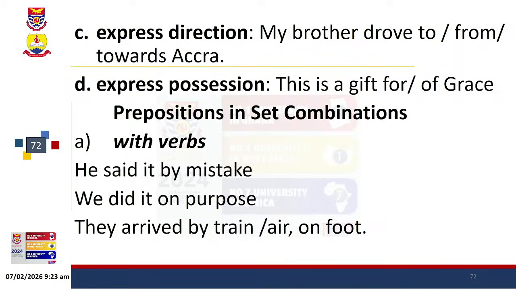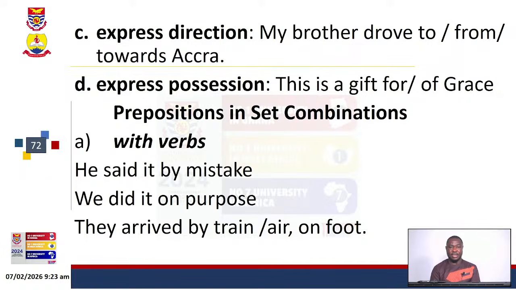Then you can use the preposition in set combinations with, for instance, verbs. He said it by mistake. We did it on purpose.